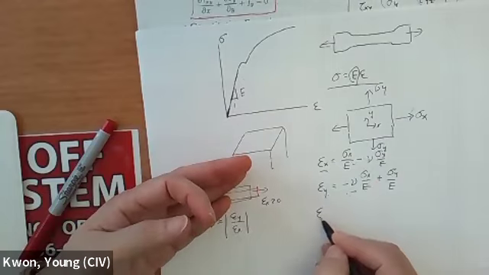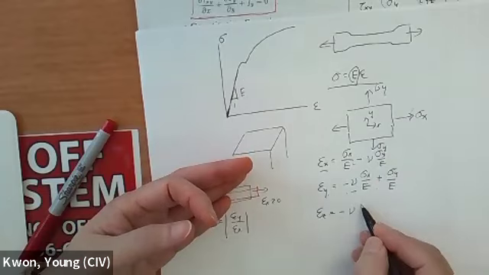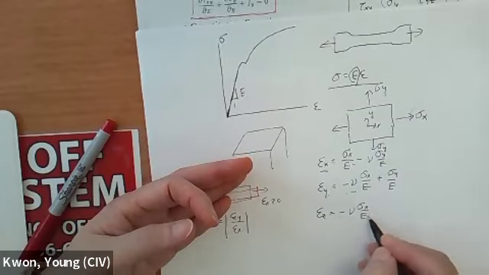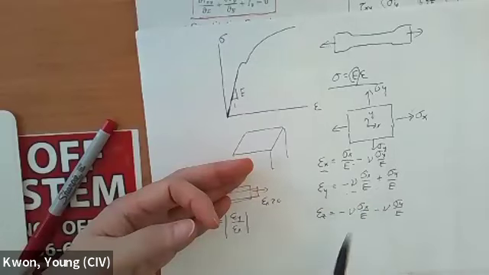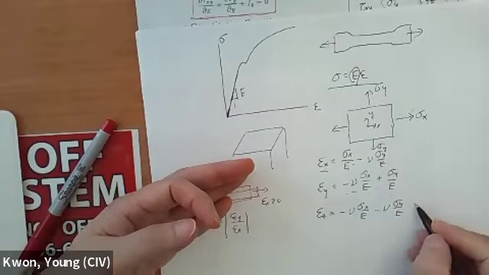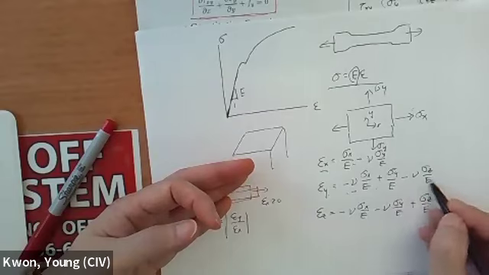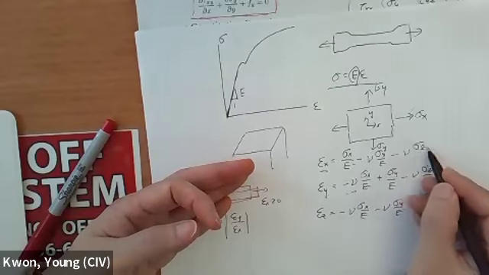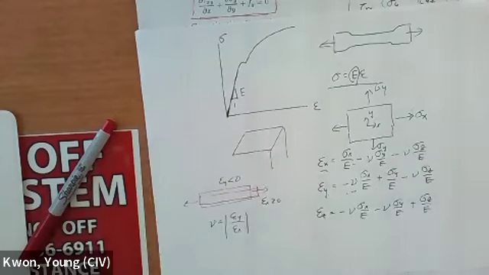Then if you look at this in 3D perspective, then that's going to be nu sigma x over E, nu sigma y over E, because of sigma x and y. And then if you apply sigma z also in tension direction, then that's going to be sigma z over E, and nu sigma z over E, and nu sigma z over E, right?